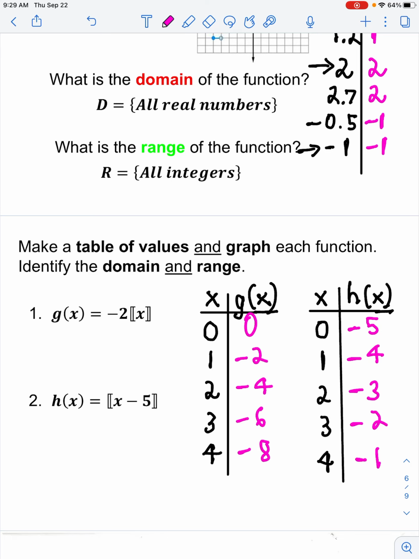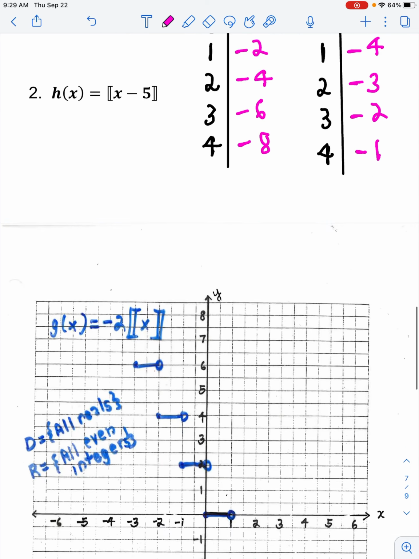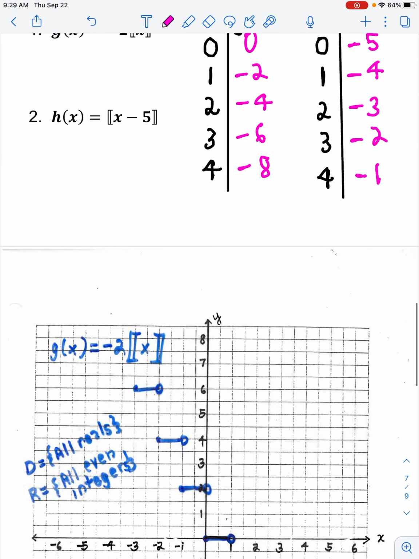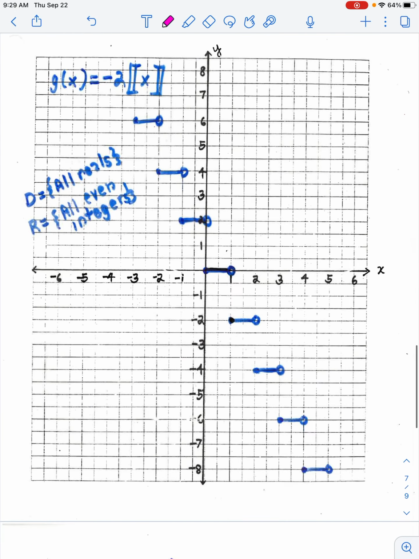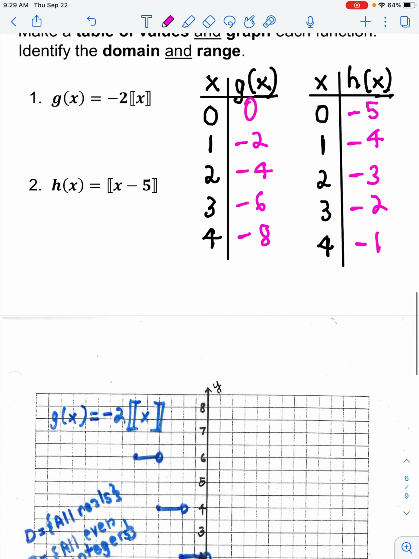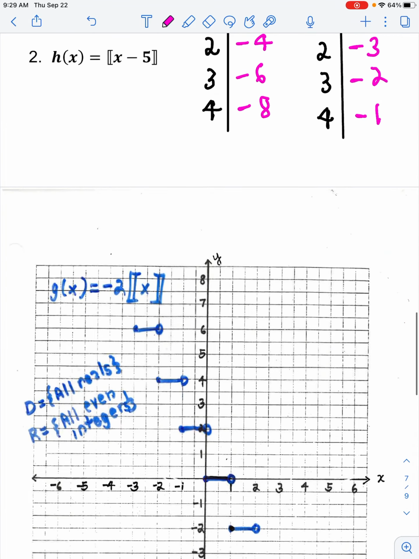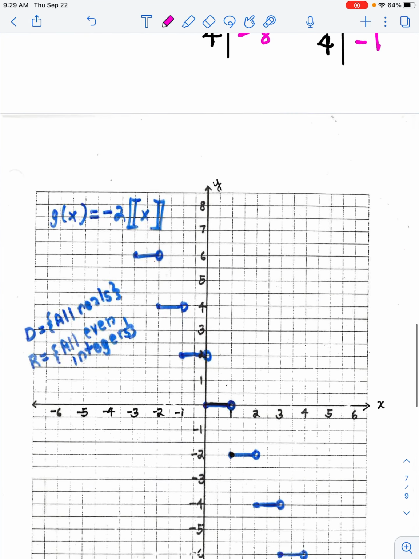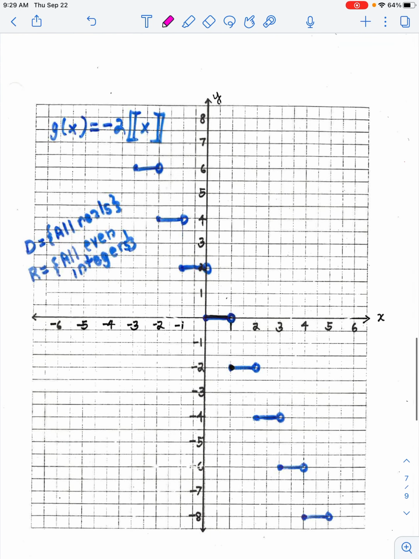So what I want you to do is take a look at these graphs, try them on your own, and then compare them. And I want you to see if you can notice what's happening in each of the graphs. The negative 2 is actually making our steps go down if you compare to the table of values. And when you look at the range, it actually occurs at all even integers.